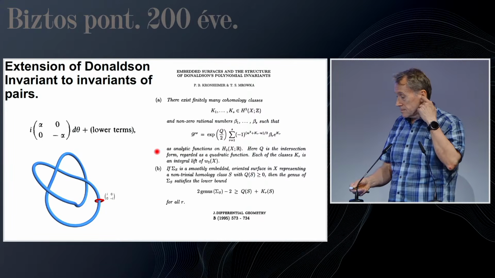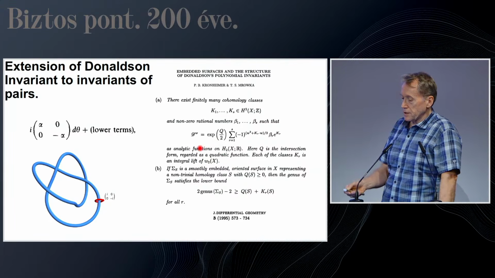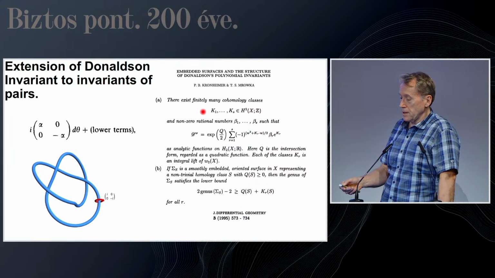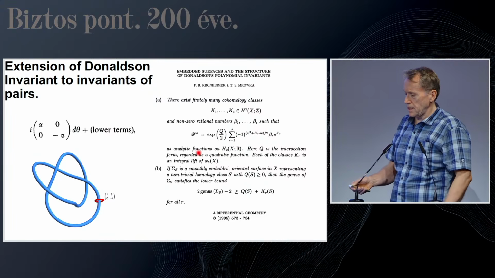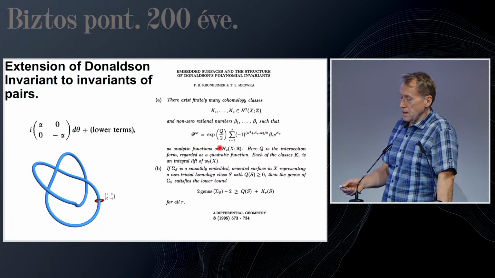And so, as Peter mentioned, we proved the structure theorem for the Donaldson invariants. Here is what it actually looks like. The Donaldson invariants were determined by a finite number of cohomology classes, which are lifts of w2, integer lifts of w2. And again, this is for a 4-manifold of simple type, whatever that means. Peter gave the definition.